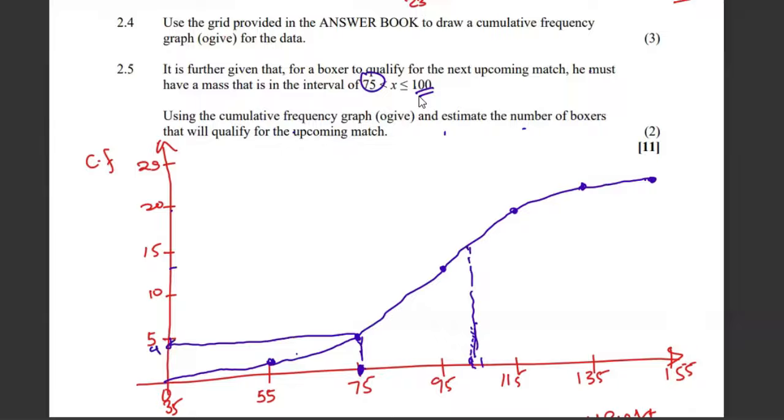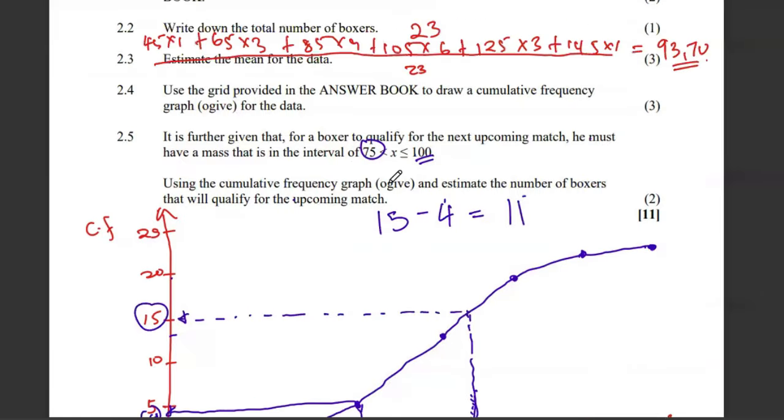In this case, it's more around the 15 mark. So the difference between 15 and 4 will represent the number of boxers that we need. It's going to be 15 minus 4, which becomes 11 boxers. So guys, that's just an estimated number. If you have a proper grid, you should get an answer still around the same value.